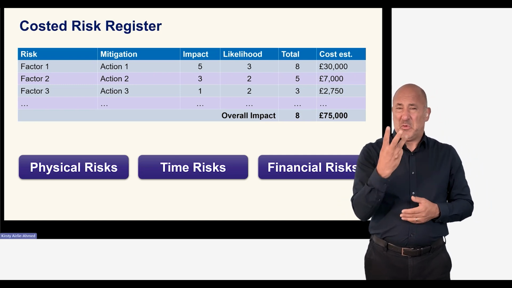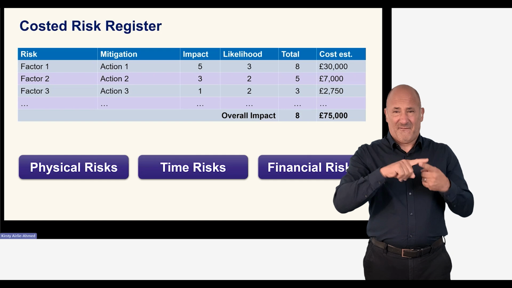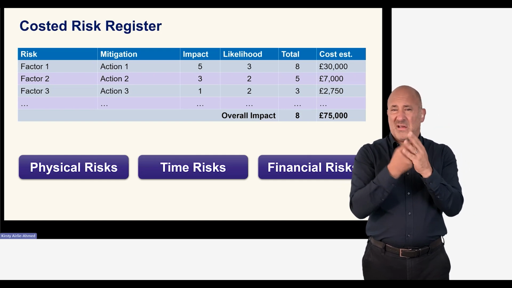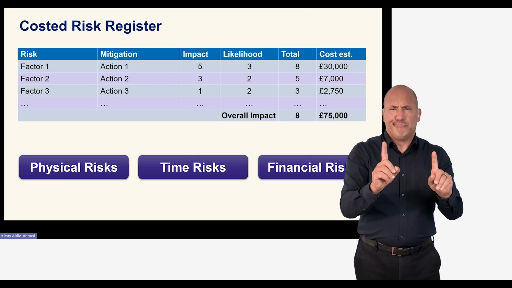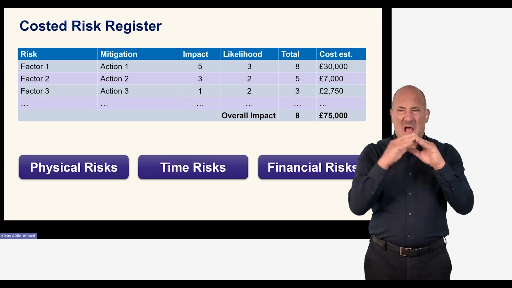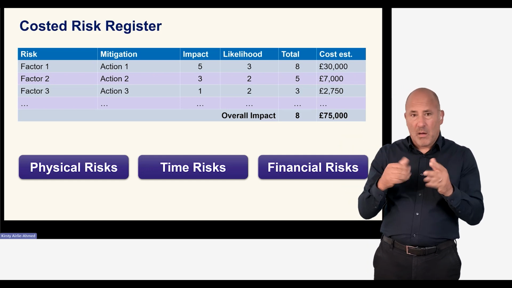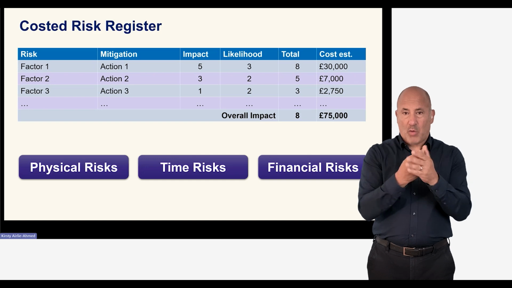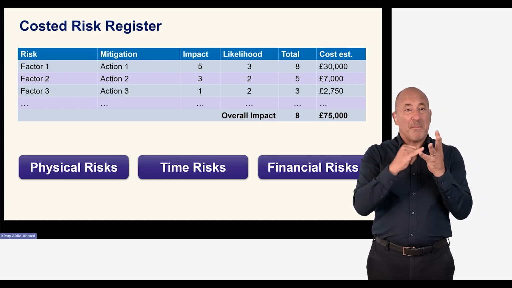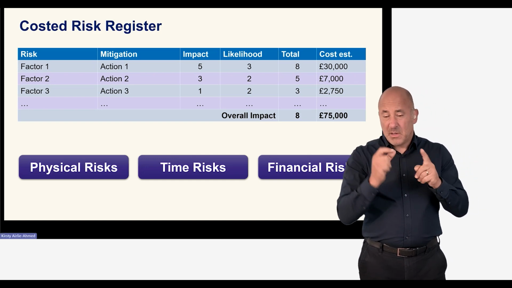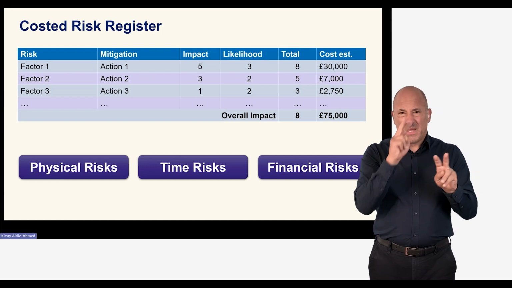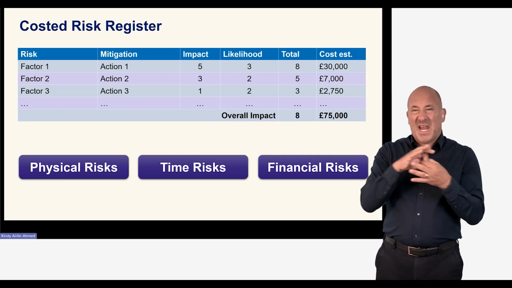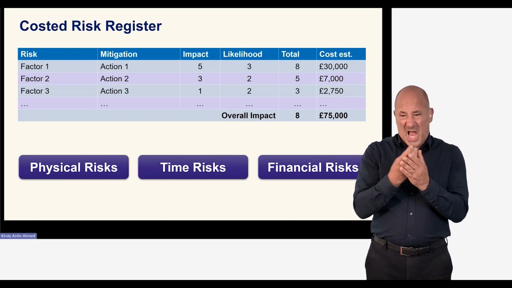There are three basic types of risks: physical, time, and financial. And some examples of these risks are delays, match funding, supply line issues, inflation, cost impact of closure, asbestos, health and safety, project management, library reviews, user-related risks, cash flow issues.